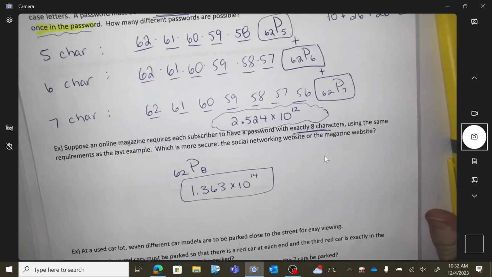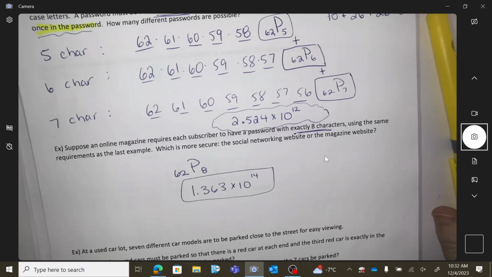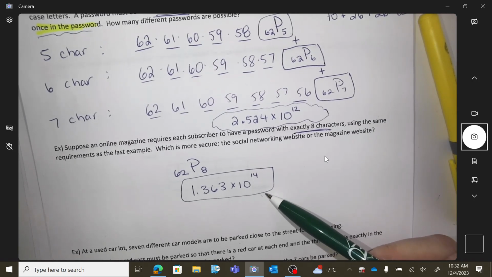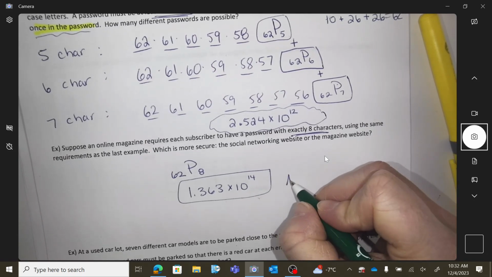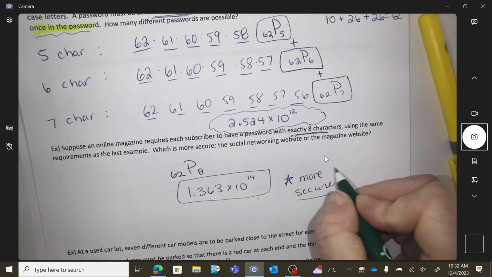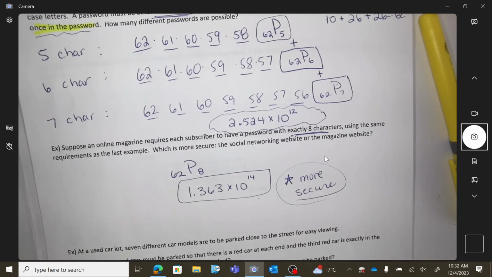So which option is more secure is what I'm asking. What's better when you have passwords? The more options, then the more secure it is, the harder it is to guess, right? Okay, more options means harder to guess equals more secure.